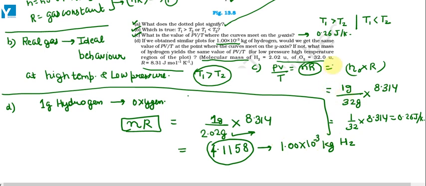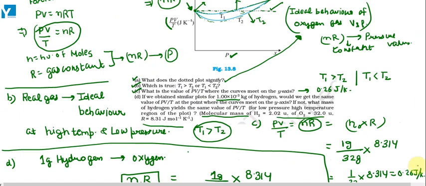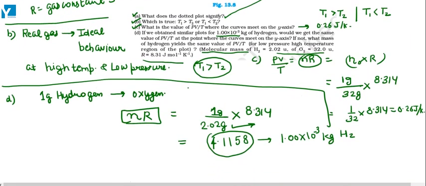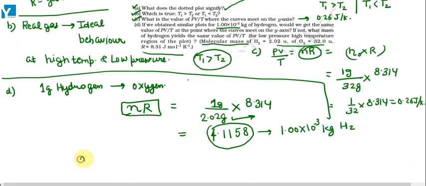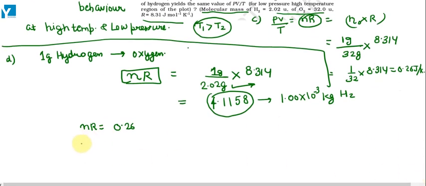So next part is if not, what mass of hydrogen yields the same value of PV by T? So if we have to calculate the mass of the hydrogen gas for which the value of nR comes out to be same as in the earlier case, which is 0.26. So we just have to calculate the mass of the hydrogen gas required.